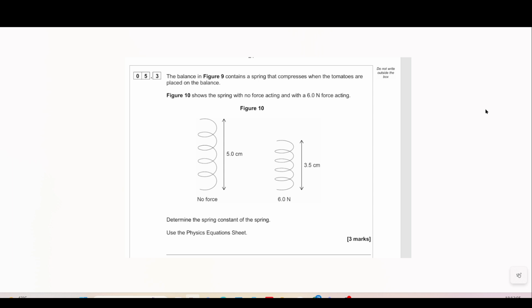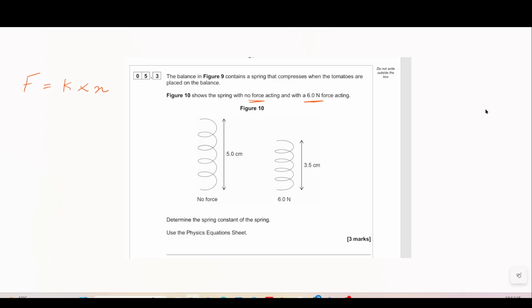Yeah, and there is a force, right? Check force and spring constant and extension. This is showing extension or compression. Force equals spring constant times extension. Yes, exactly.